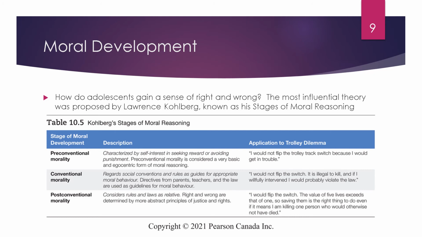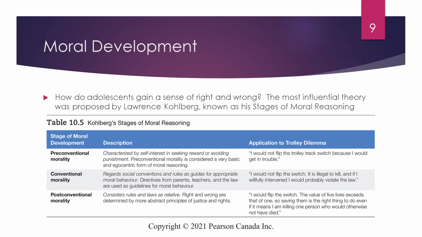And then finally, you have post-conventional morality. And this one is the one where it gets very abstract and interesting. So someone who has attained post-conventional morality would basically consider rules and laws as being relative. So they're more about the greater good. The right and wrong are being determined by more abstract principles of justice and rights. And so somebody who's in that post-conventional stage of morality might say they would flip the switch.